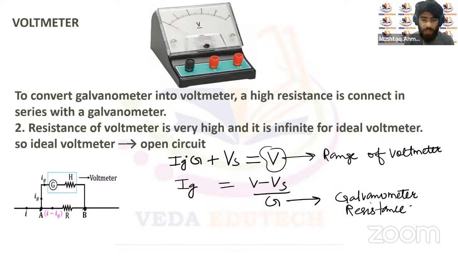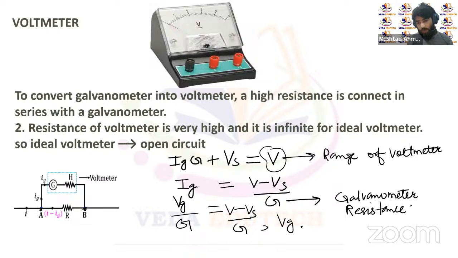For IgG, Ig comes out to be V minus Vs upon G. We can replace this Ig with the potential drop measured by the galvanometer, that's Vg upon the resistance G, equal to V minus Vs upon G. Or Vg will be equal to V minus Vs. Vg is the range of the galvanometer.